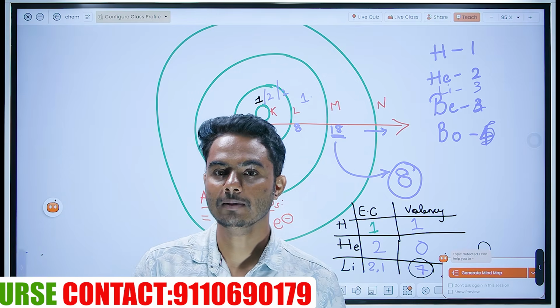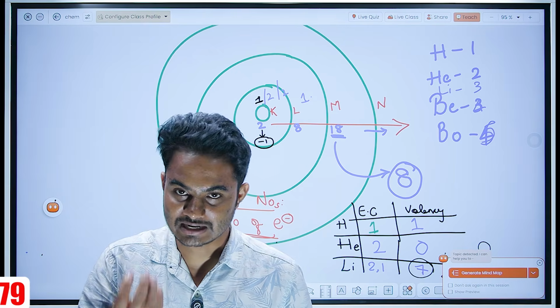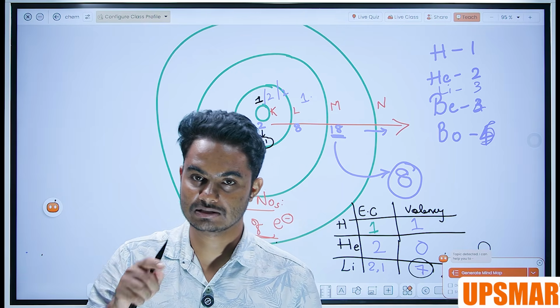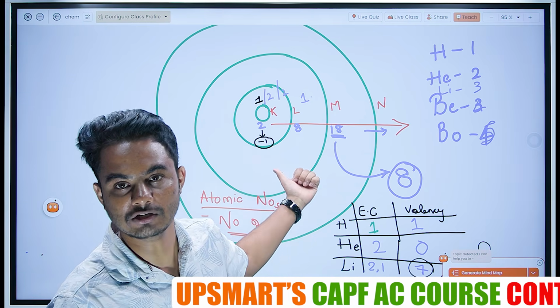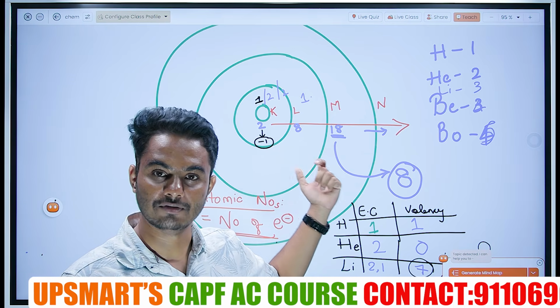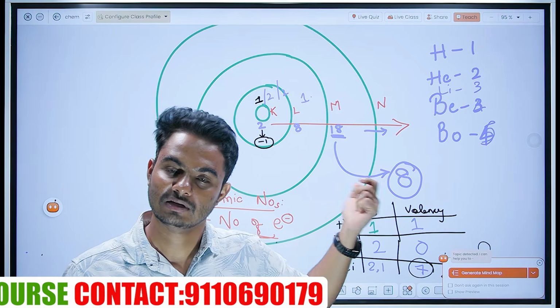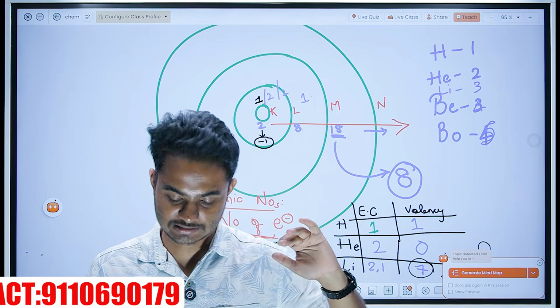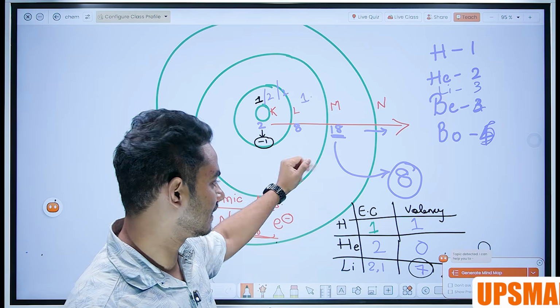Whenever an atom or element should be in a stable nature, all its shells should be filled. If it is in the first shell, it should be filled; if in the second shell, it should be filled; if the third shell, it should be filled. Now lithium is in the second shell.